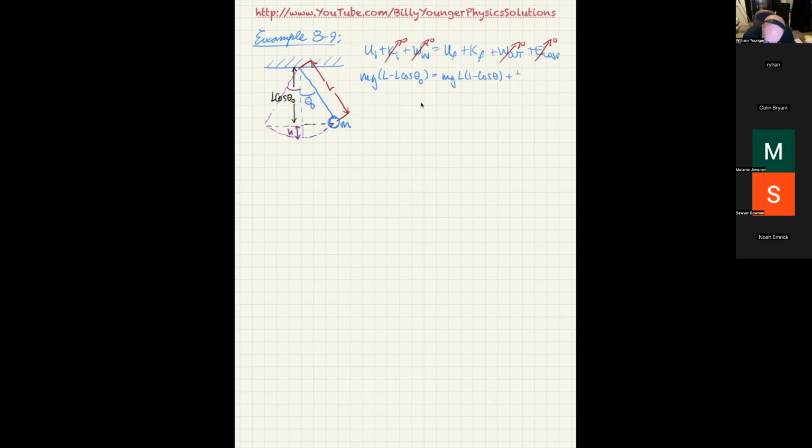and say that's 1 minus cosine theta, and then plus 1 half mv squared, where v is the velocity that it has when the angle is theta. You can immediately see here that the m's cancel out again because there's an m everywhere. You can distribute a little bit and get G times L minus GL cosine theta 0 is equal to G times L minus GL cosine just plain theta.